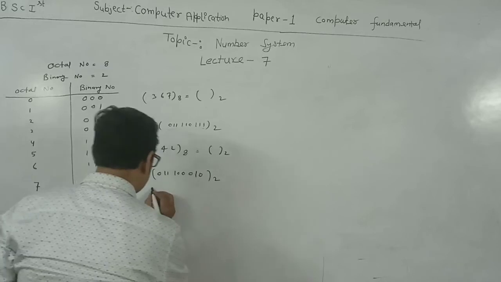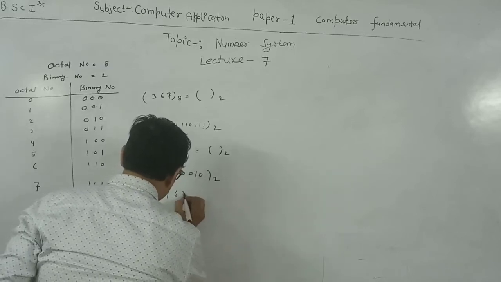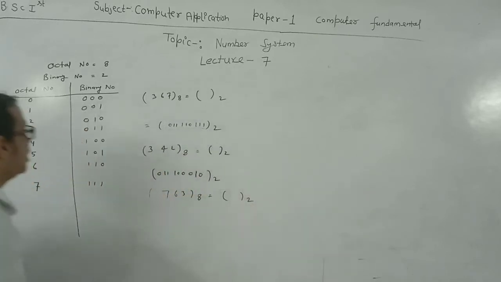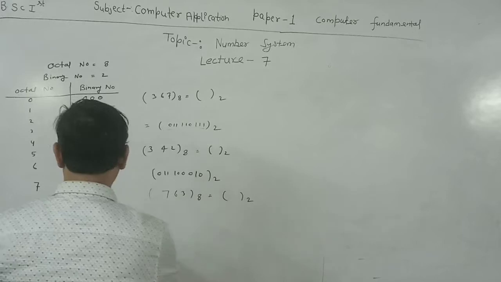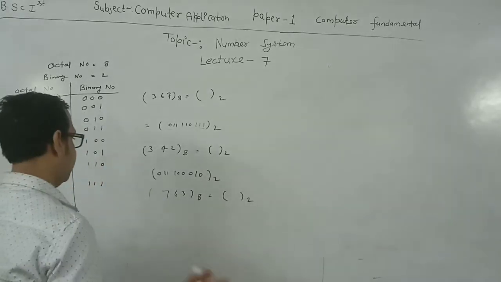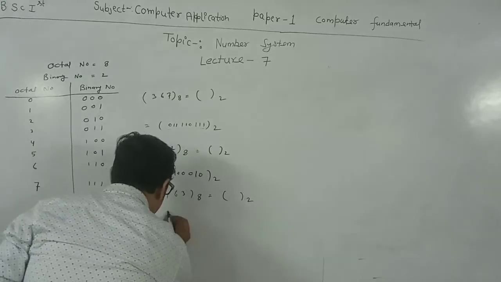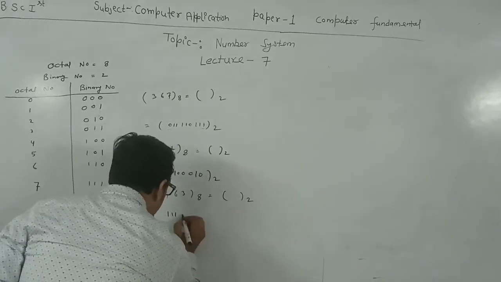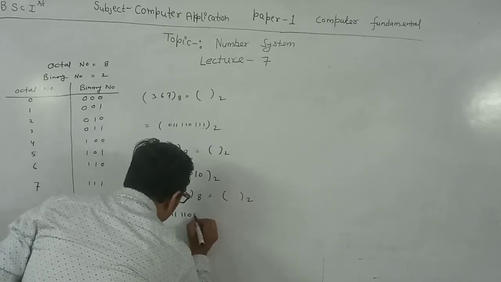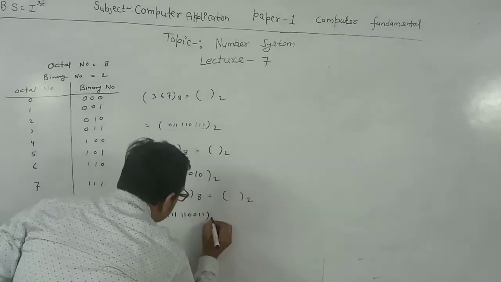We take another number, 763 in octal, and we want to convert it to binary. Just go to the table, write the equivalent values from octal to binary, and the conversion is done. In place of 7, 111, in place of 6, 110, and in place of 3, 011.